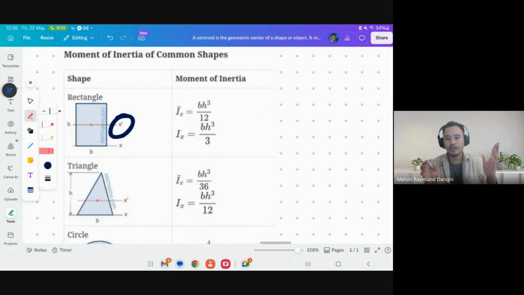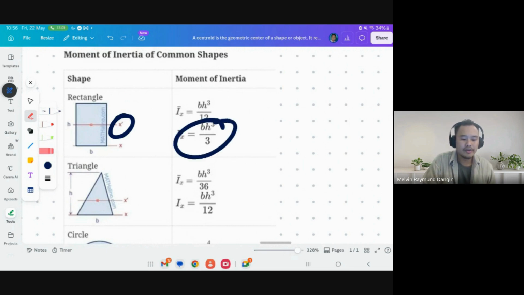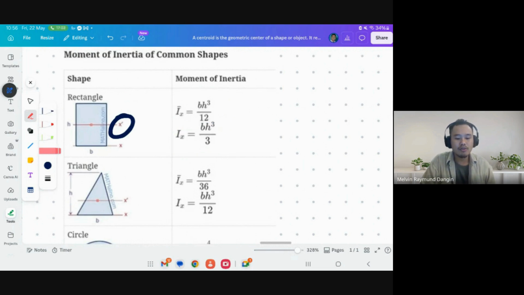Now you also have another formula, which is bh cubed over 3. That is your moment of inertia about this axis, right? So remember what I mentioned earlier, that the reference axis matters. So you have different moments of inertia considering different axes.